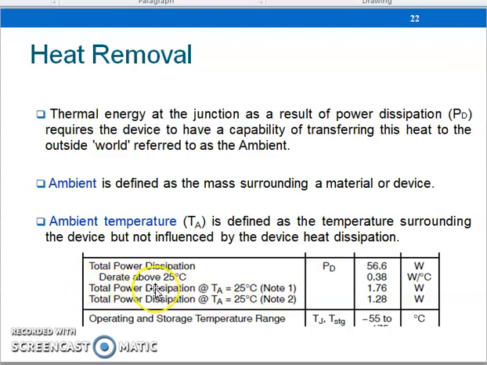You should derate at a value of 0.38 watt per degree C. It means that for every 1 degree C increment above 25 degrees C, you have to subtract 0.38 from 56.6. We will calculate this later on in a certain scenario. This is what is stated inside the datasheet.